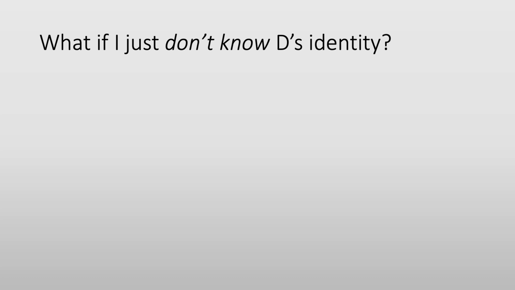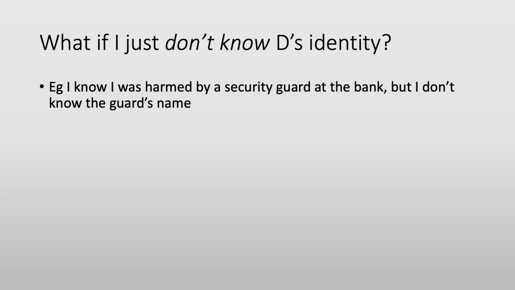There's another question that Rule 15C raises, which is sometimes you don't mistake the identity of your defendant, you just don't know it. So if I am assaulted by a security guard at a bank, I know that it's a security guard who assaulted me, but I don't necessarily know that person's name.